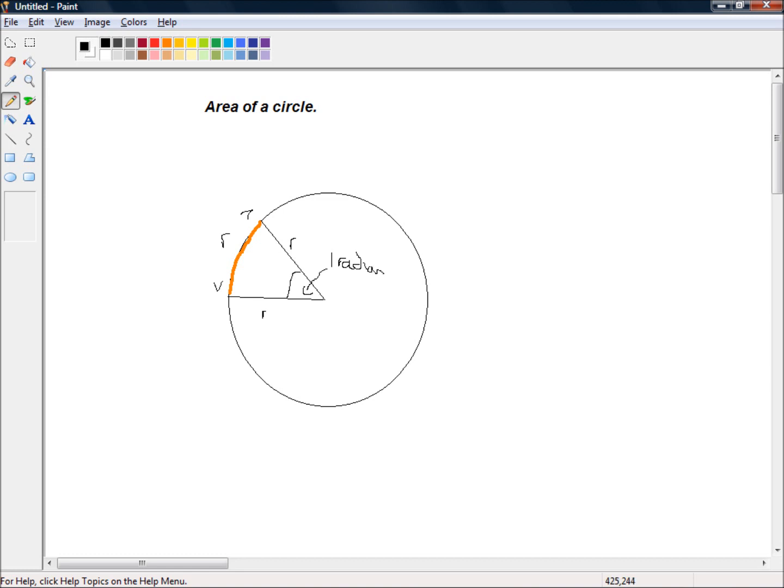And now we don't have to remember anything like, oh, there's 360 degrees in a circle. We can just say there are 2 pi radians in a circle. It's as simple as that.